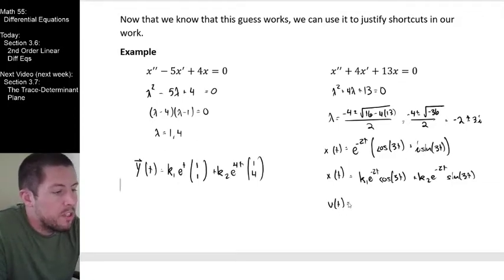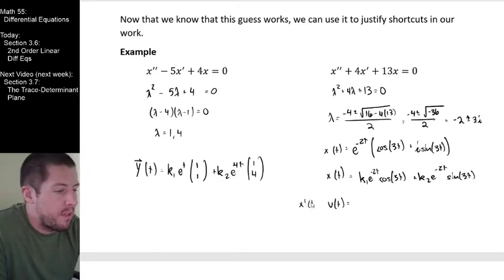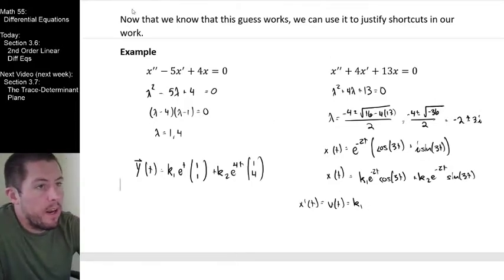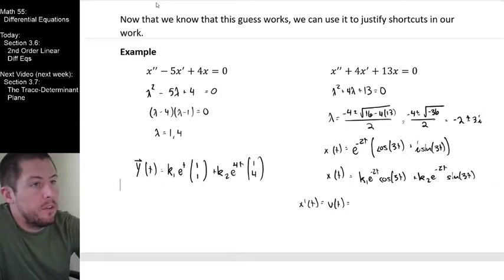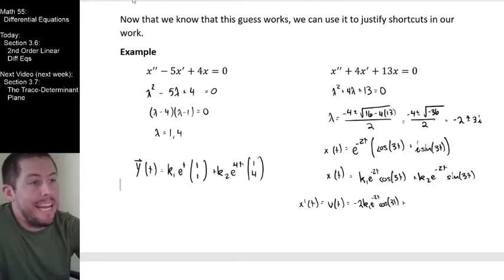Our v of t should just be, I need to do product rules right here for both of these to take my derivative, right? X prime of t equals v of t right there. So my product rule is going to give me, I take the derivative of the negative 2t, so k1, I'm trying to go fast here, negative 2 k1 e to the negative 2t cosine 3t plus, now for cosine of 3t, we take the derivative and we get negative 3 sine 3t.